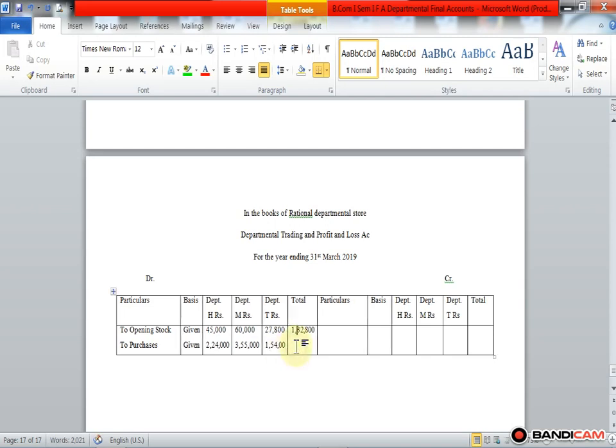The total of the three departments is 7,33,000.